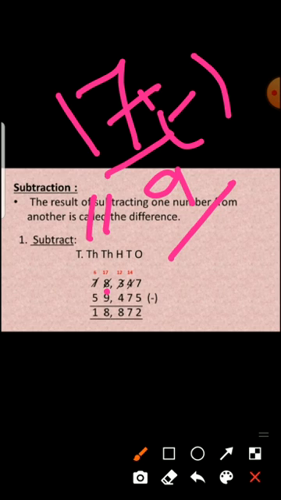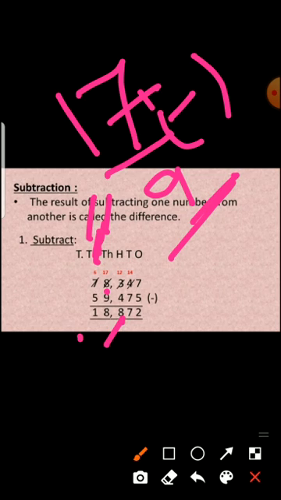Now 17 is greater than 9, so we can subtract directly. 17 minus 9 is 8. Now here we have 6, so 6 minus 5 is 1.